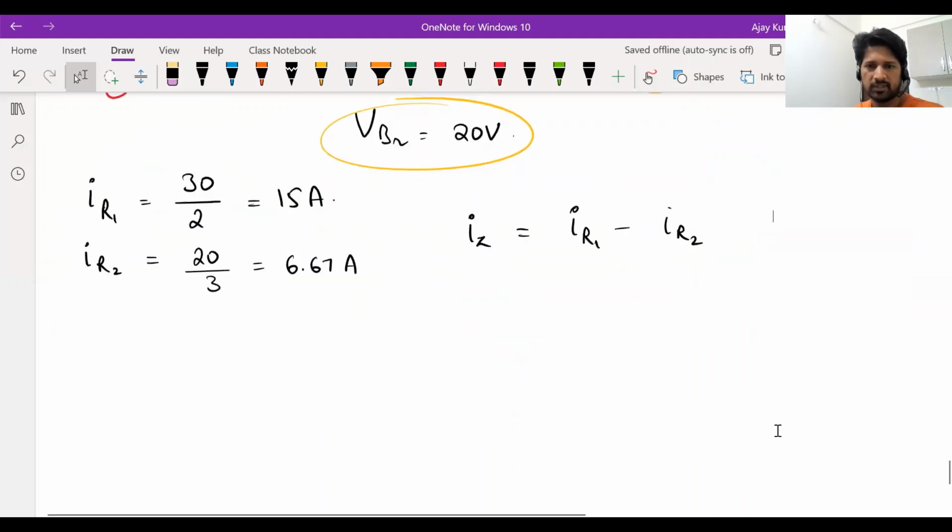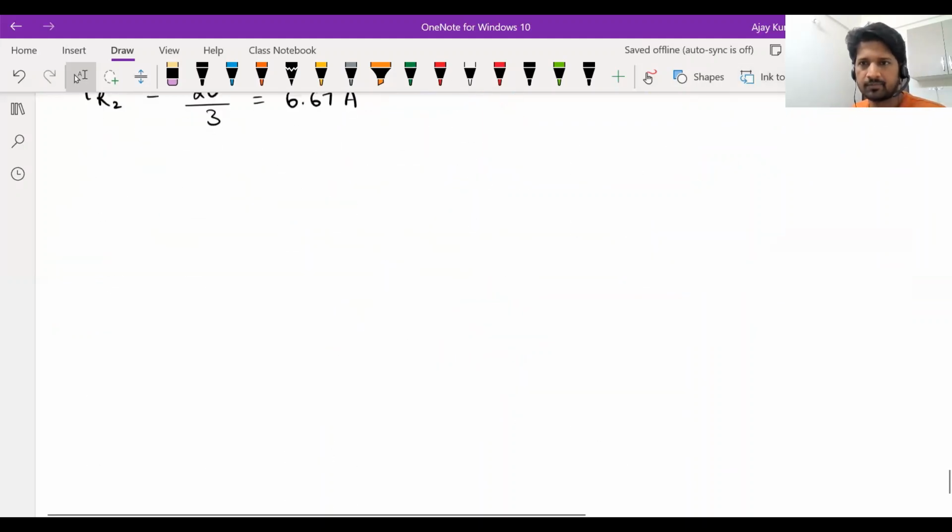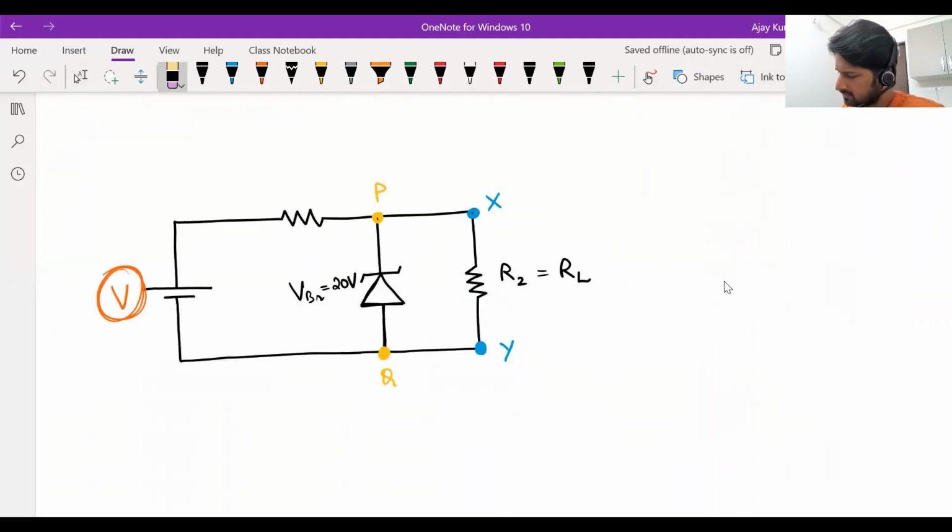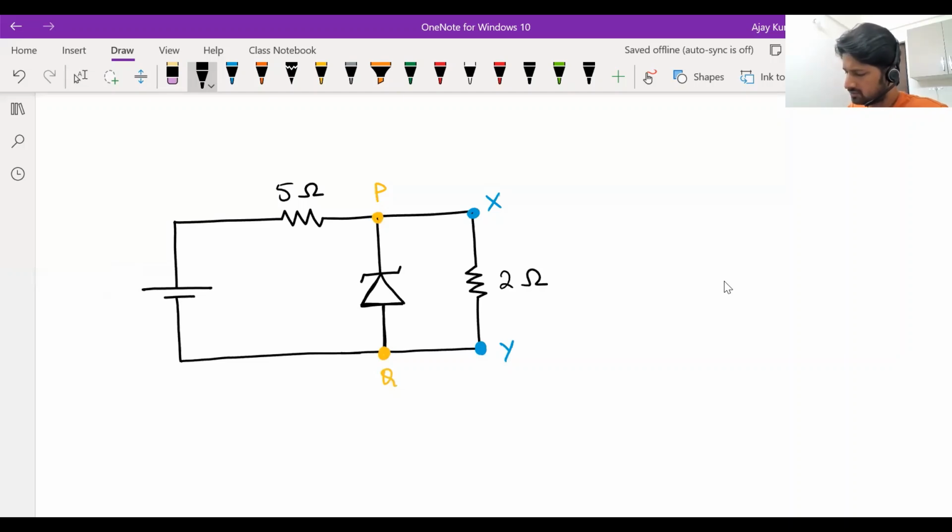Let's solve another problem based on this. Let's say this resistance is some 5 ohms, this resistance is 2 ohms, and the breakdown voltage of the Zener diode is, let's take 20 volts itself. And wait, instead of 5 and 2, let's take 3 and 2.